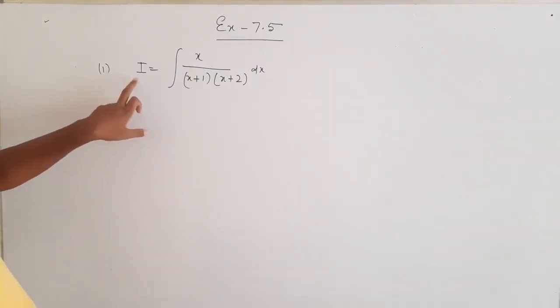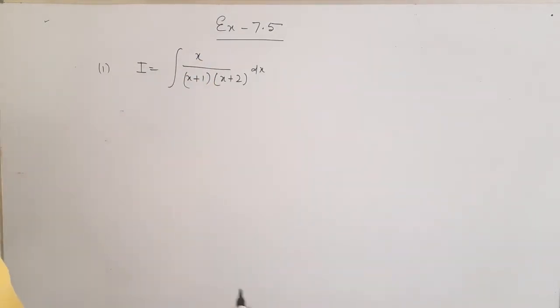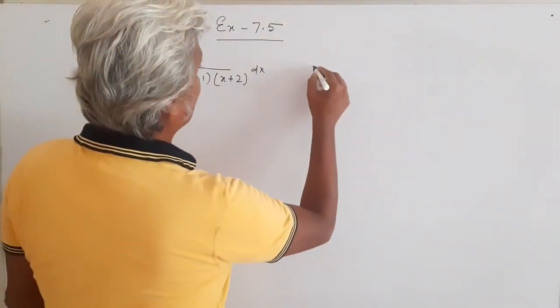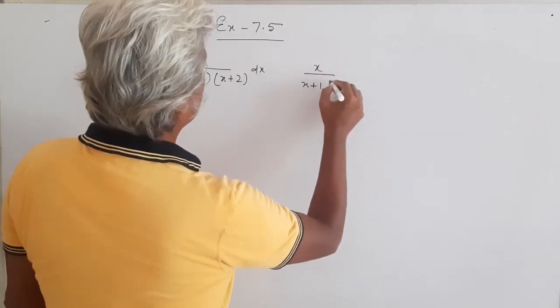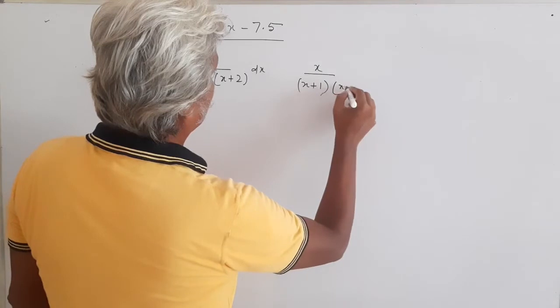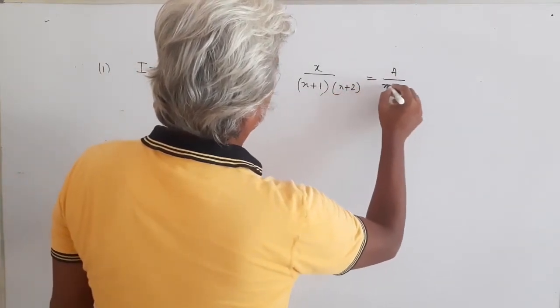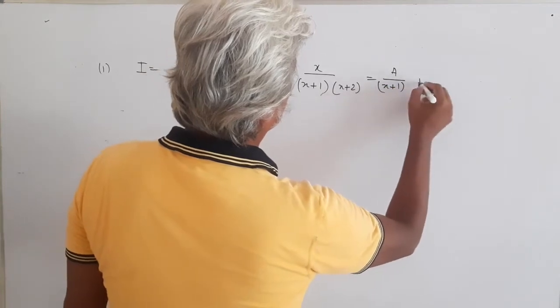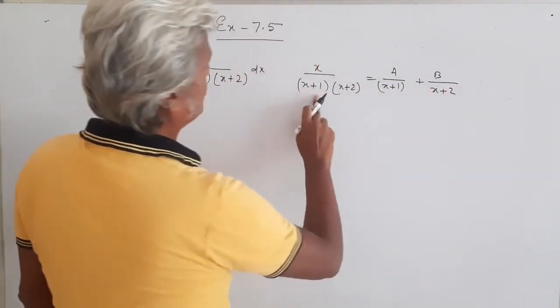Now we have question number 1, find the integral of x over (x + 1)(x + 2). So what you have to do is write x over (x + 1)(x + 2) as A over (x + 1) plus B over (x + 2).